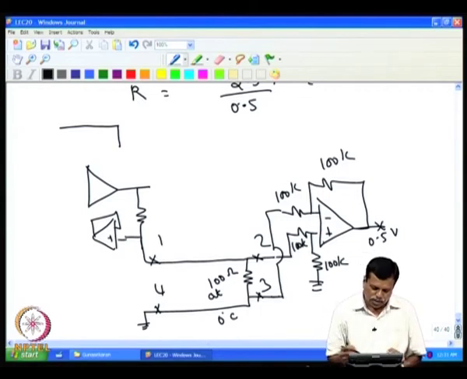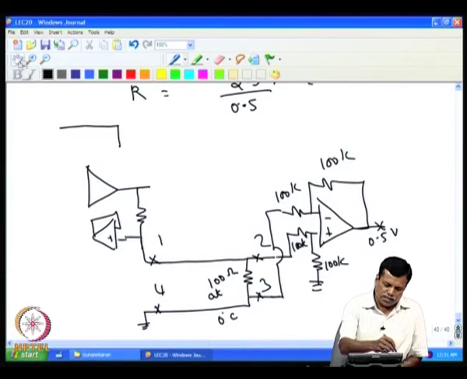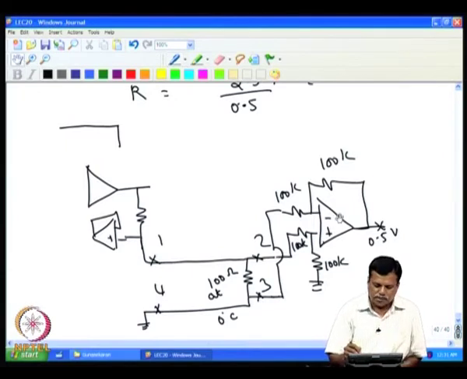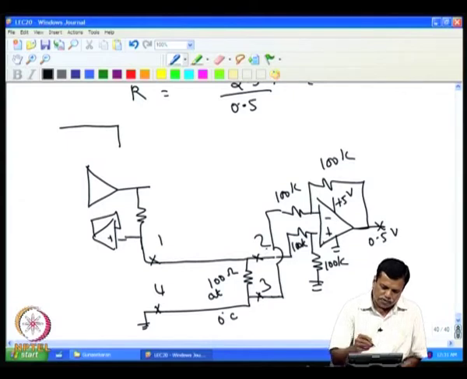But one small issue in this is that this op amp is operated in a single supply, because we are making a 4-20 milliampere current transmitter. So, this op amp is invariably operated in a single supply. So, you have a ground here and then plus 5. If this point is at 0.5, then this will be 0.25 volt, this is also 0.25.